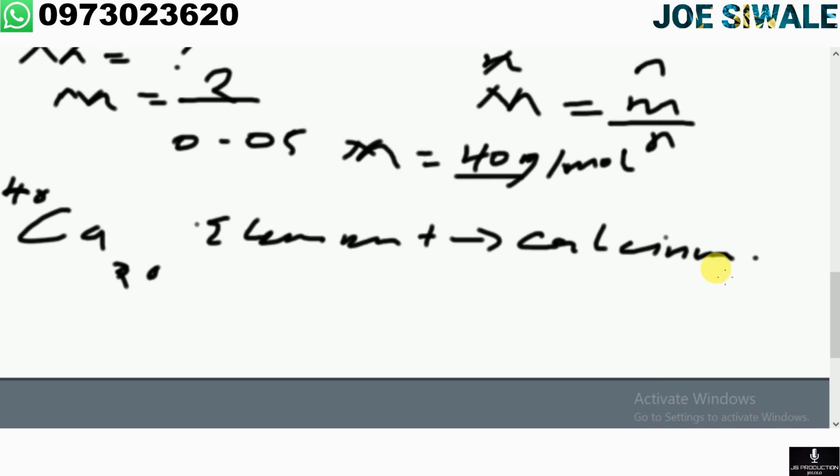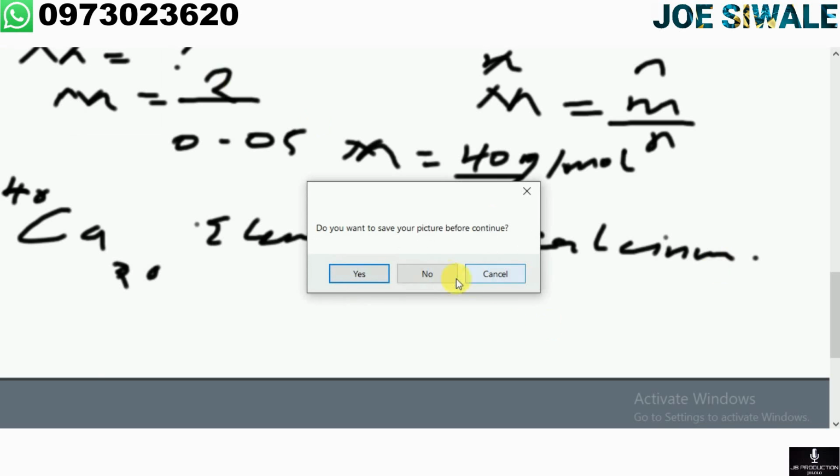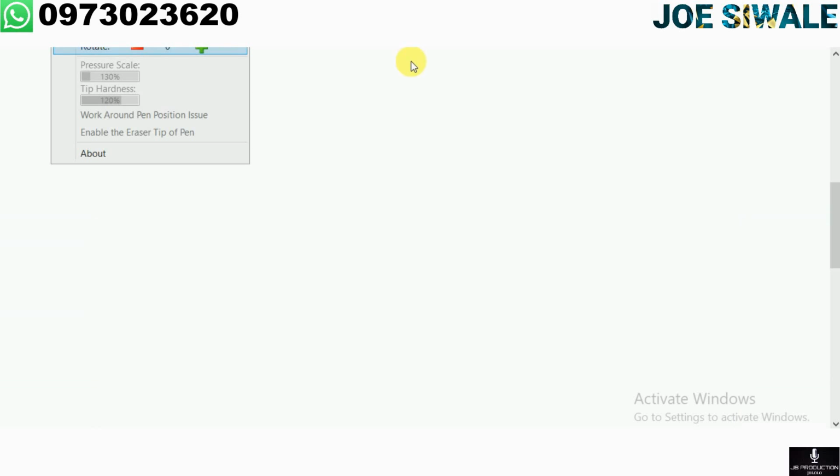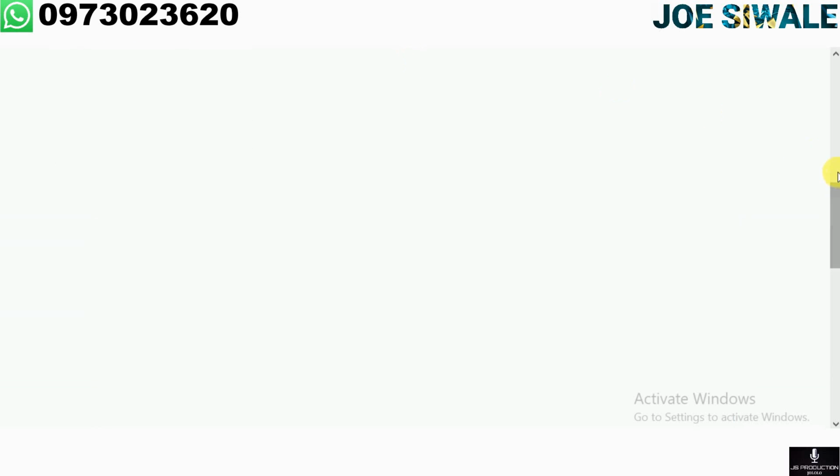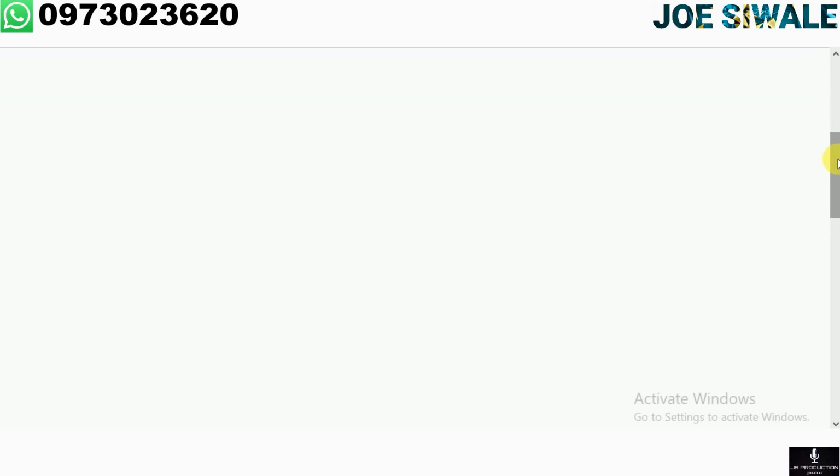Then question B. Let me just put another page. Question B says, if the mass is 5.211 gram and the number of moles is 0.193 mole.